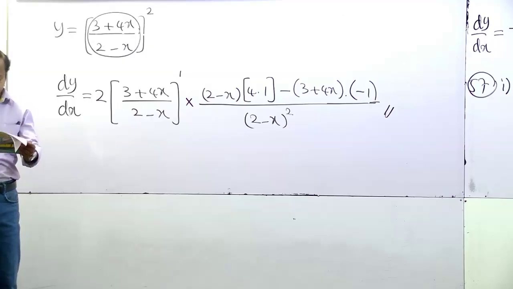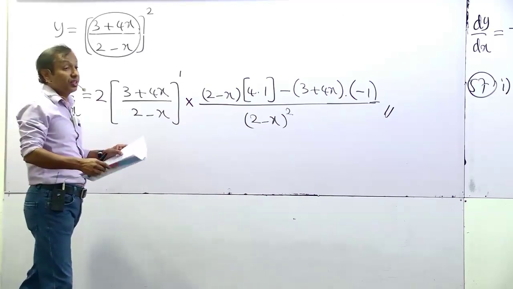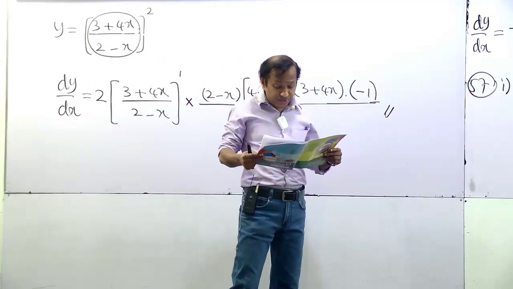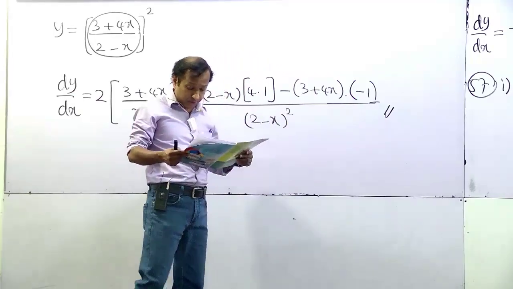Now, up to question number 59 you can do all the questions in the tutorial as homework. Page number 7, after question number 59, you can do all as homework. Right.